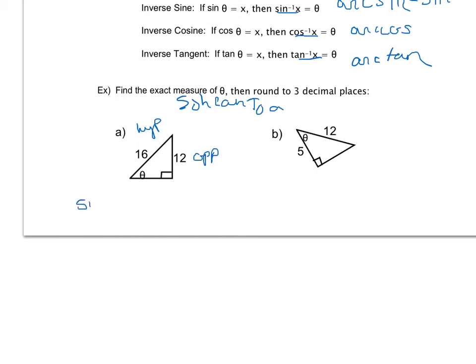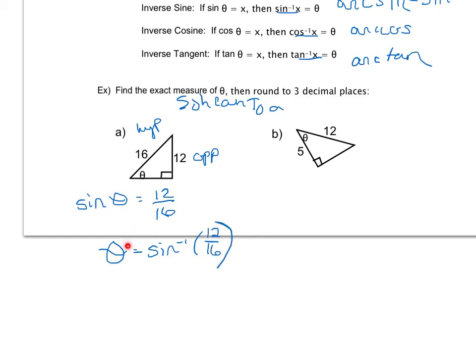So I'm going to say sine of theta, my given angle, is equal to opposite over hypotenuse. From here, I'm going to take sine inverse of both sides. When I take the sine inverse of this side, sine inverse and sine will cancel, and I'll be left with theta equals sine inverse of 12 over 16.